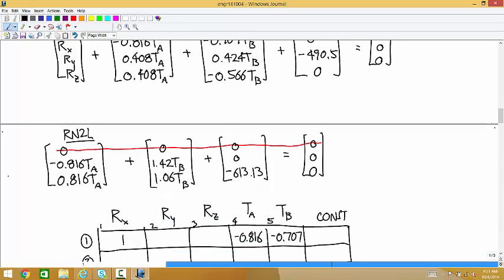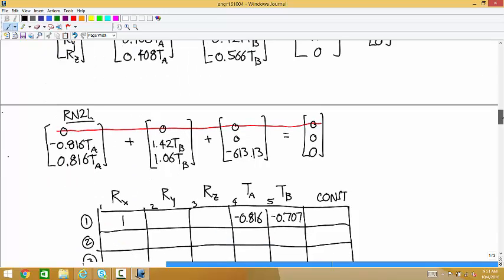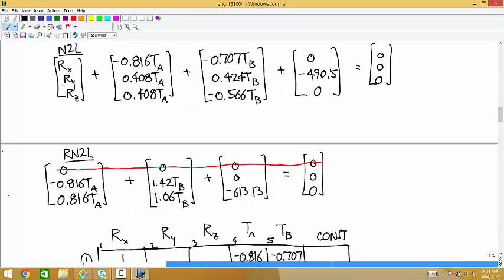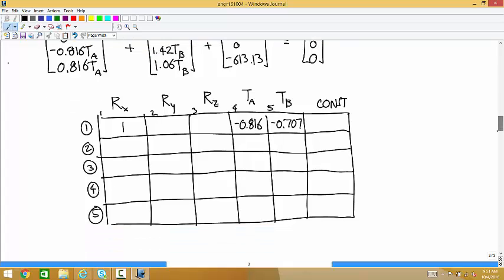The next equation says okay, RYs we have 1. TAs we have 0.408. TBs we have 0.424. And the constant is going to be positive 490.5. Okay, so RY we have 1. TA we have, was it 0.408?